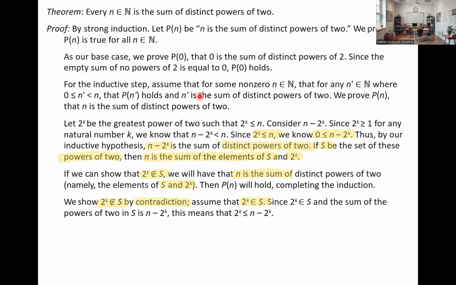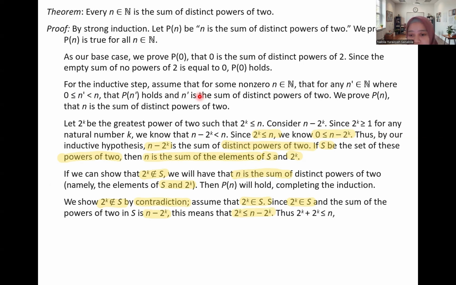So since 2^k is an element of S, and the sum of the powers of 2 in S is n minus 2^k, we say that 2^k is less than or equal to n minus 2^k.